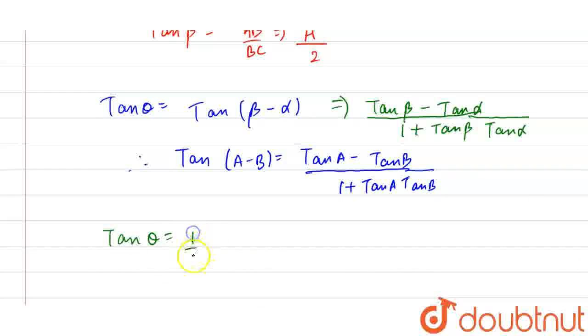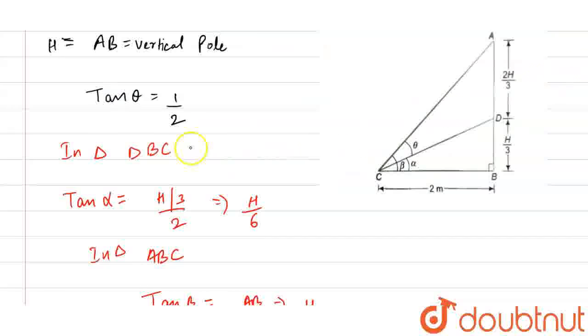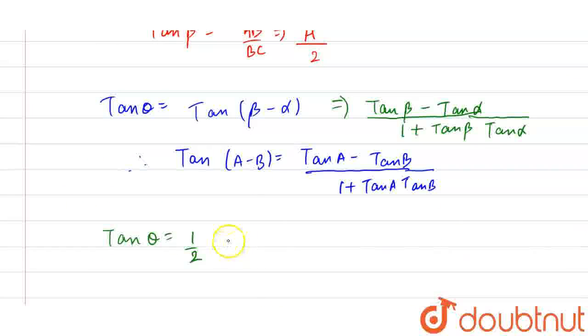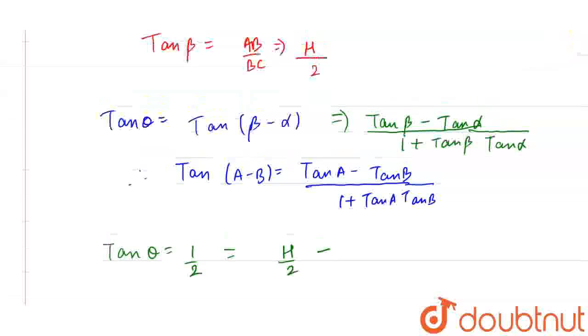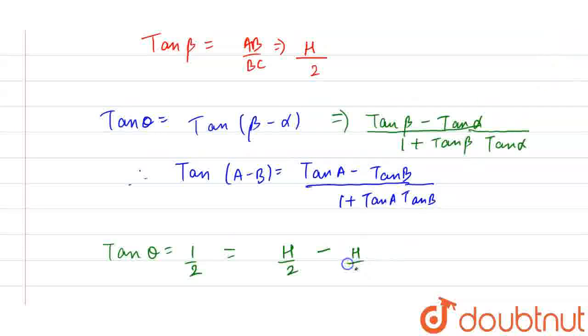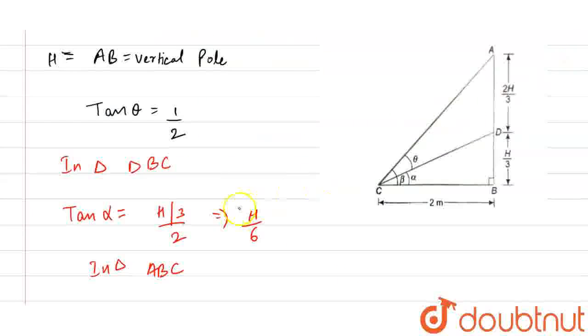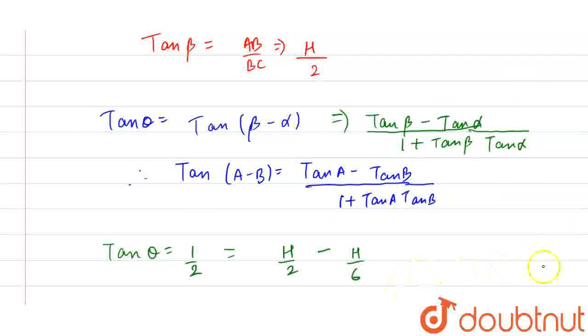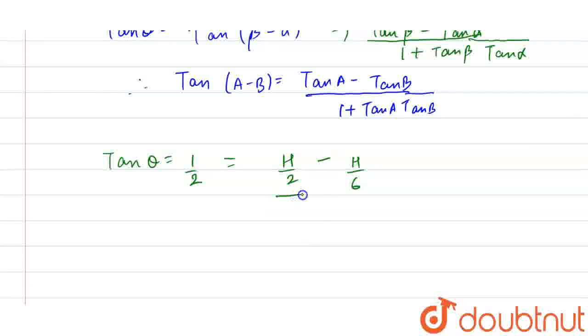Now by putting in the values, tan theta equals 1/2, as given in the question. So 1/2 equals tan beta, which is h/2, minus tan alpha, which is h/6, divided by 1 plus h/2 multiplied by h/6.